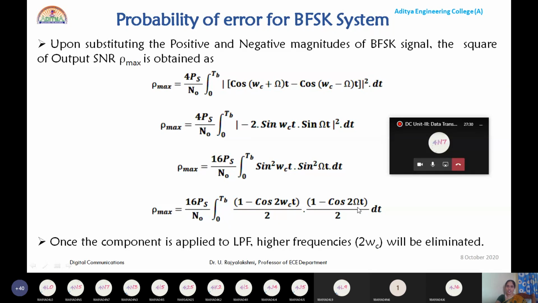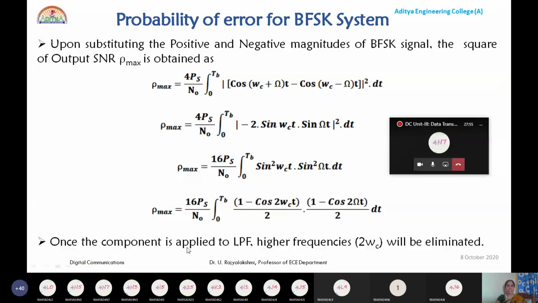This delta omega is a very small value, a change in the frequency, and 2 delta omega will also be a small value compared to omega C. Almost all this delta omega will be nearer to omega m. It is in the range of kilohertz, and our omega C will be in the range of megahertz.